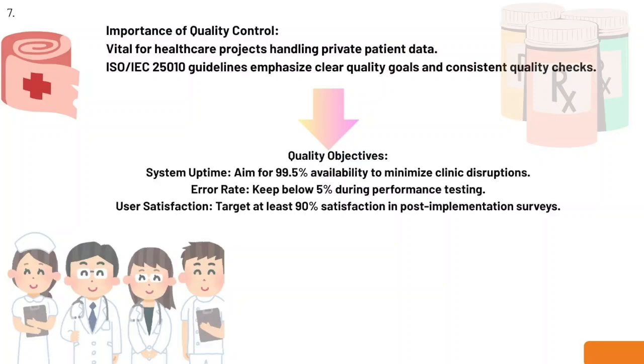This includes regular code reviews, automated testing using tools like Selenium and JUnit, and manual testing that simulates real-world use. We will also conduct performance testing to ensure the system can handle the daily demands of a busy clinic. Quality control is ongoing and embedded into every phase.